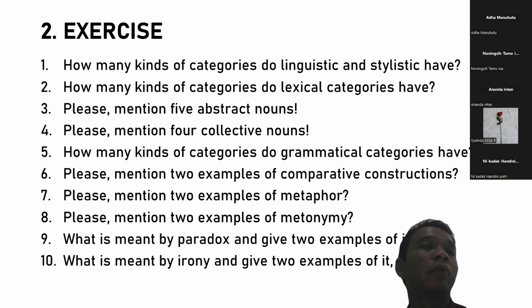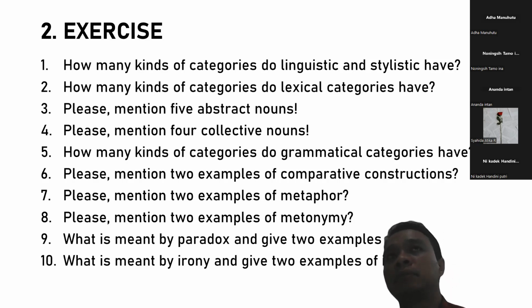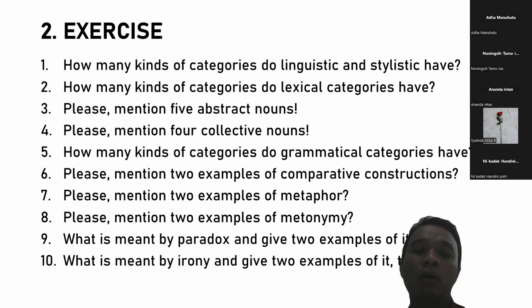Without knowing all of them, you cannot achieve the ability to understand the kinds of linguistic styles, prose style, the grammatical categories, comparative constructions, or cohesive devices or cohesion.